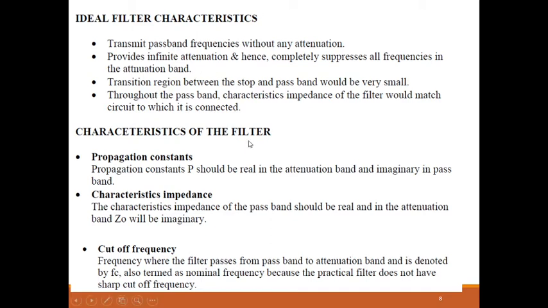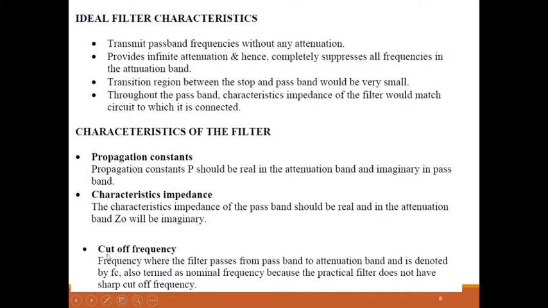The characteristics of the filters majorly consider these three constants. First, the propagation constant, denoted as P, should be real in the attenuation band and imaginary in the pass band. Then the characteristic impedance Z0 should be real in the pass band, and in the attenuation band Z0 will be imaginary.